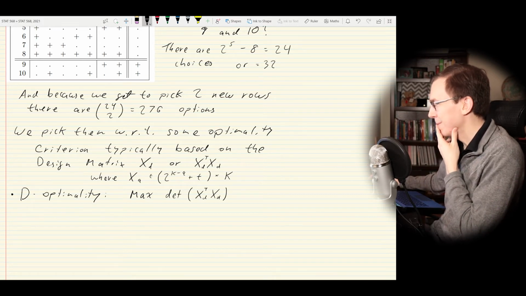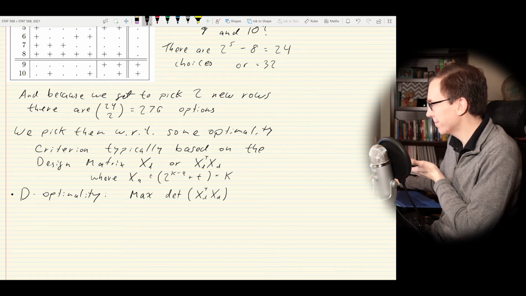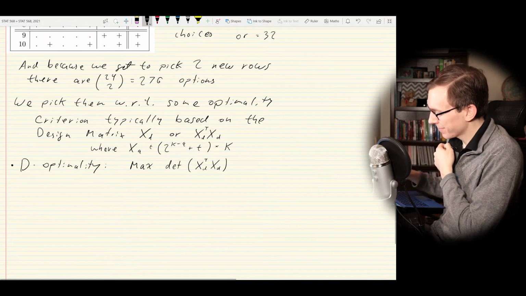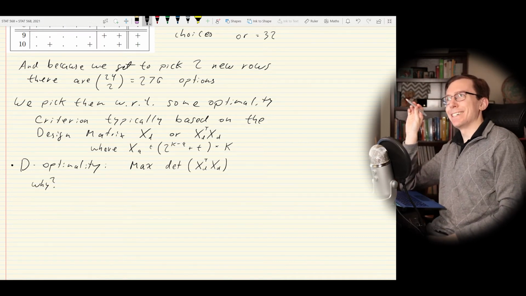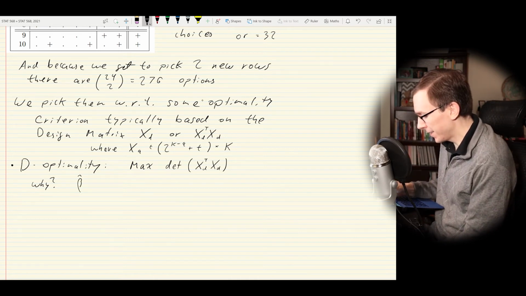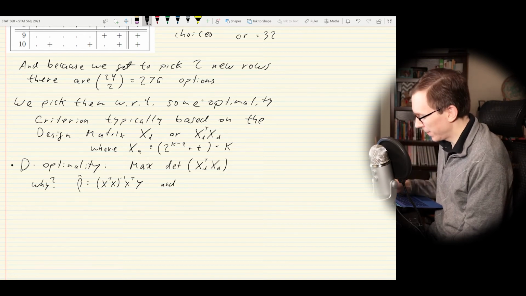Okay, why would we want to maximize that determinant of X transpose X? Well, if you recall from linear regression, the least squares estimator is beta hat equals X transpose X inverse X transpose y, and the variance of the least squares estimator is going to look like sigma squared X transpose X inverse.